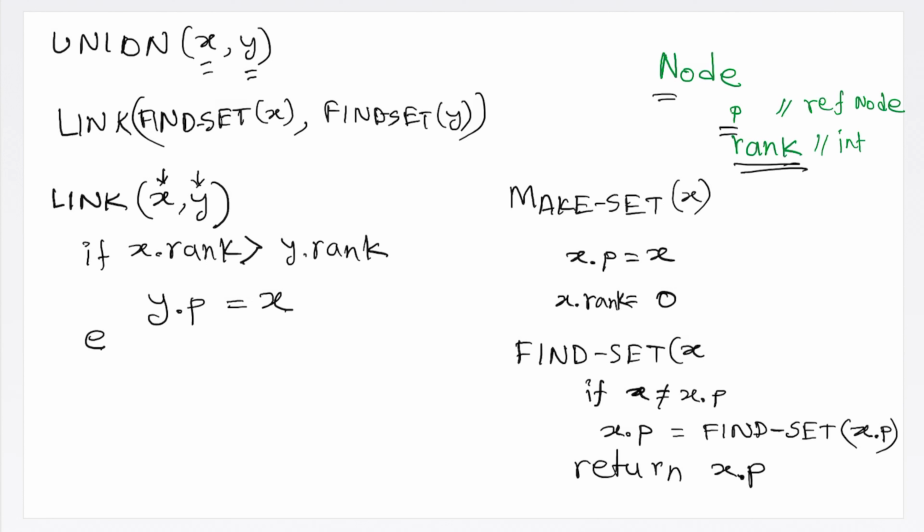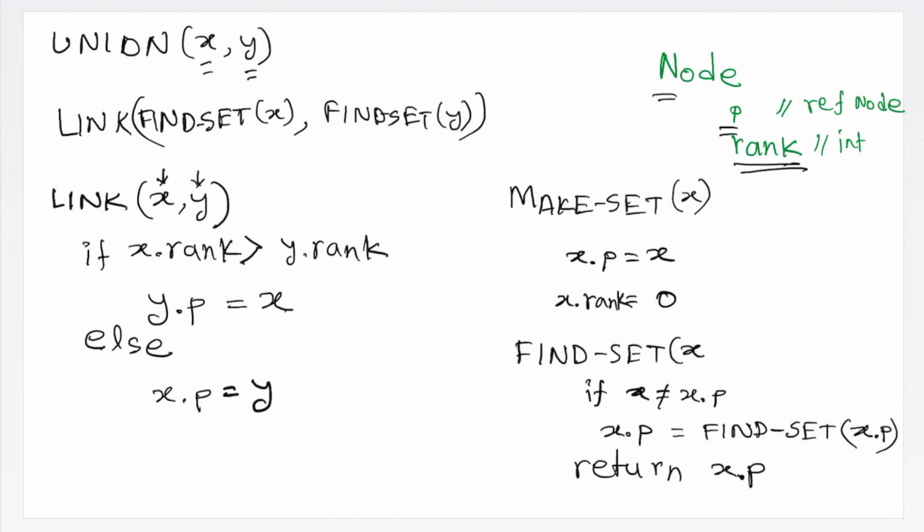If this is not the case, that means if either x dot rank is smaller than y dot rank or x dot rank equals y dot rank, then we go to this else part. When we come to the else part, we can make y the parent of x, because x probably has a smaller rank than y.